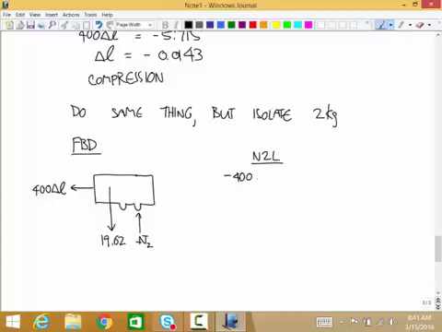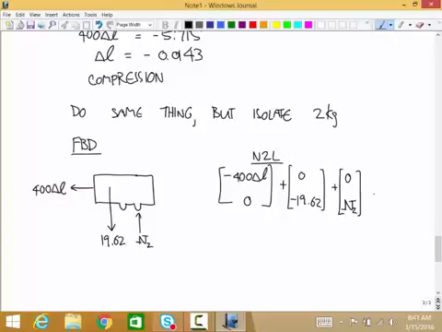negative 400 delta L, 0 plus 0, negative 19.62 plus 0, N2 is equal to the mass times the acceleration. Is that 857? Yeah.